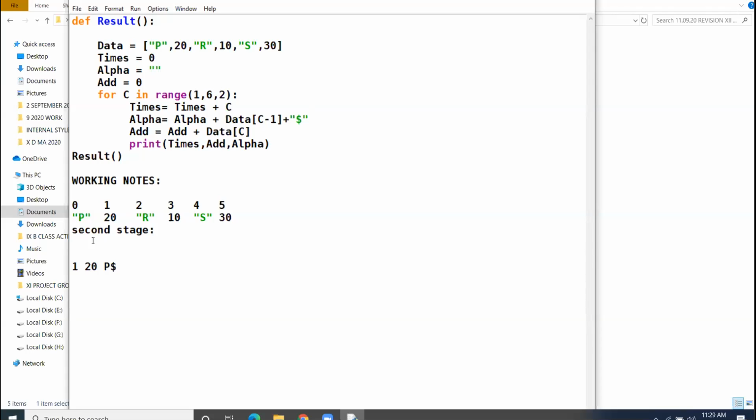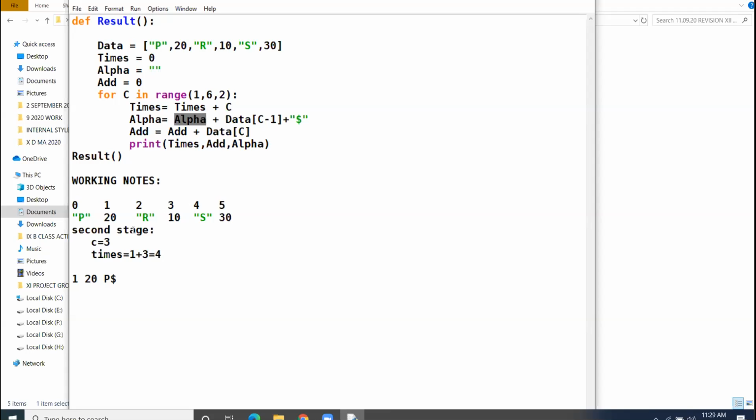Now the value of C will be 3. Times initial value was 1. Times was updated in the previous stage by 1. So 1 plus 3, the new value of times is 4.